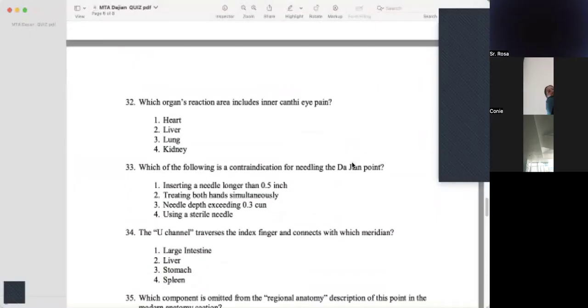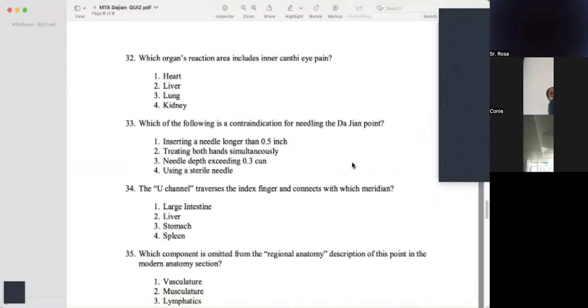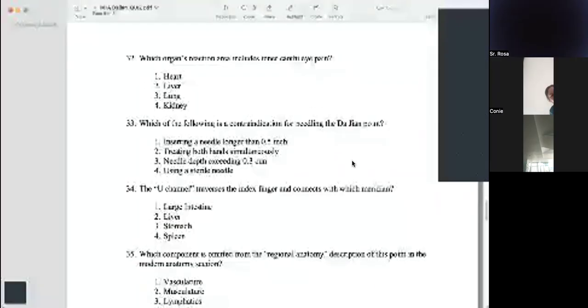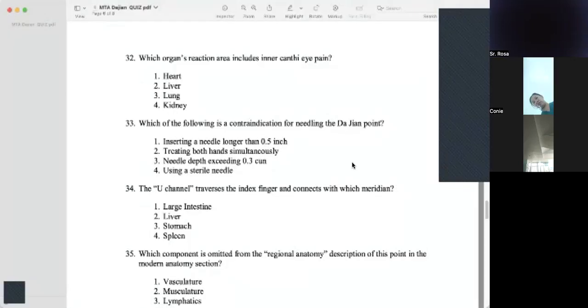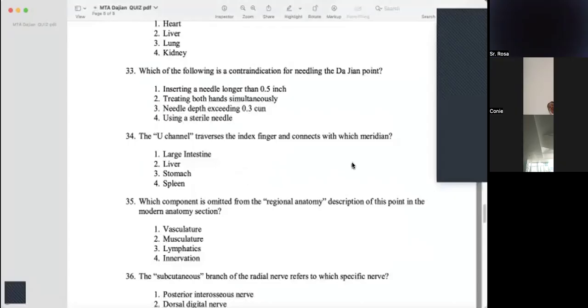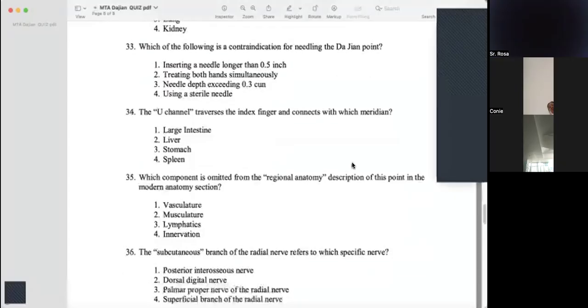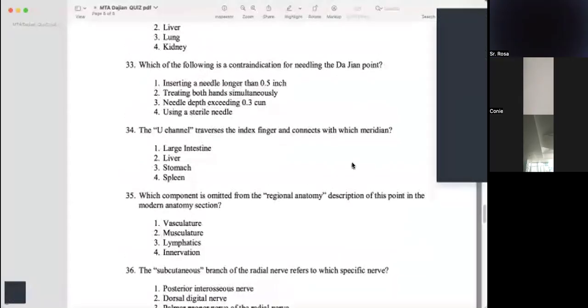Which organ's reaction area includes inner canthi eye pain? You know where that is, no? The heart. Masakit sa medial canthus. The answer is heart. Ay, buti na lang, hindi sumasakit yun. So safe pa tayo. Which of the following is a contraindication for needling the Dajian point?